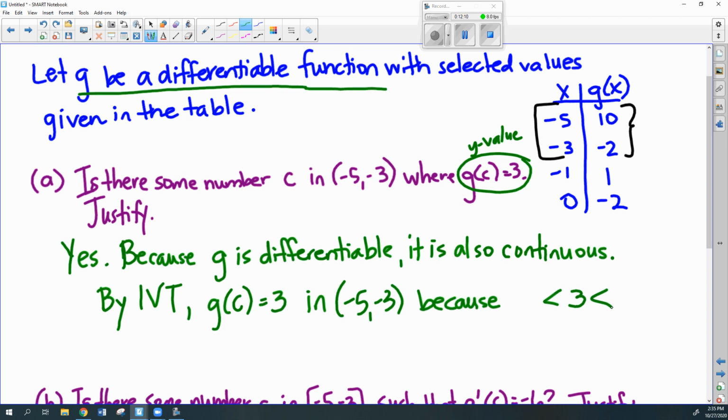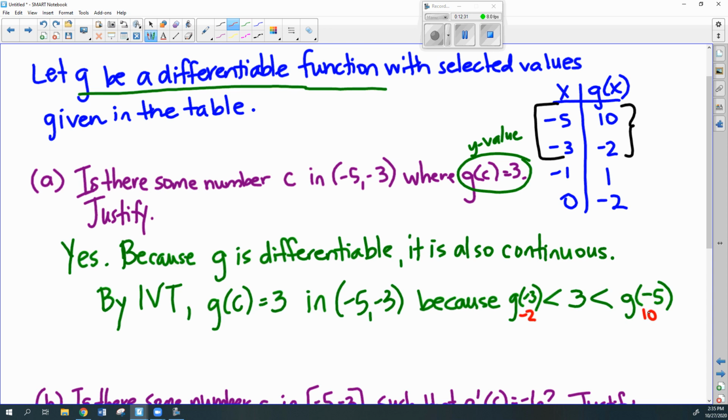g of -5 is actually the 10, so that goes on the right, and then g of -3 is the -2, that goes on the left. You could always clarify yourself so you know that, but you need to refer to it as g, not just y values.